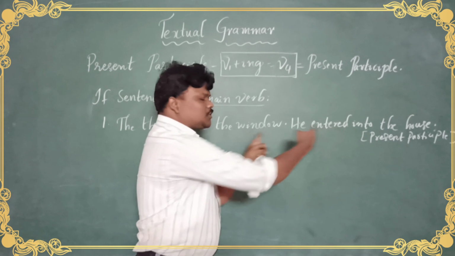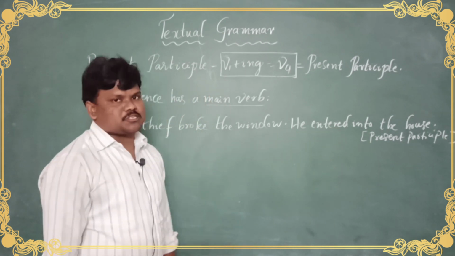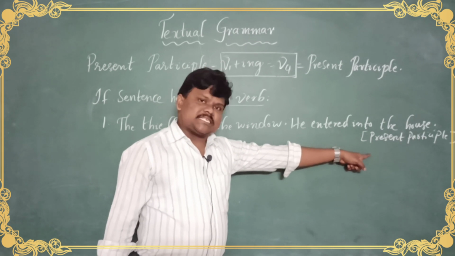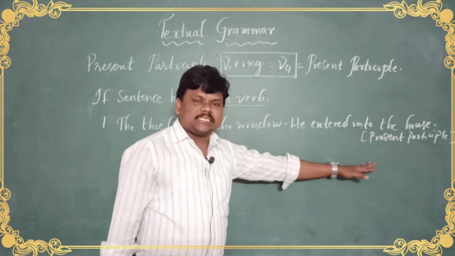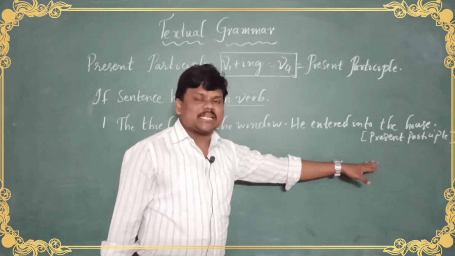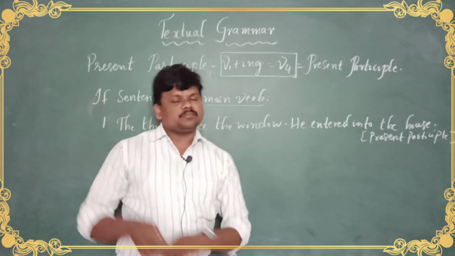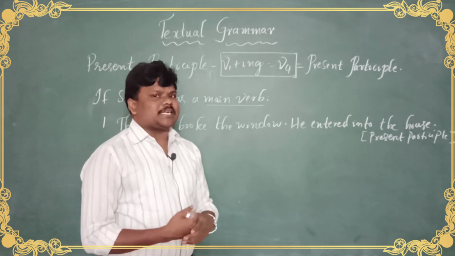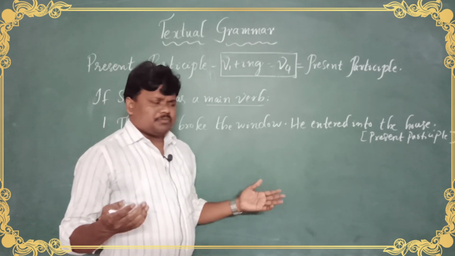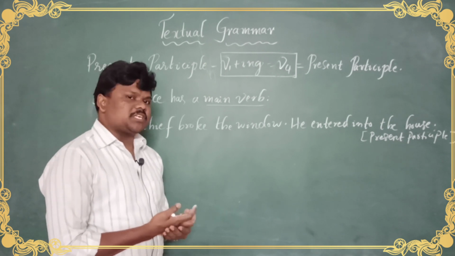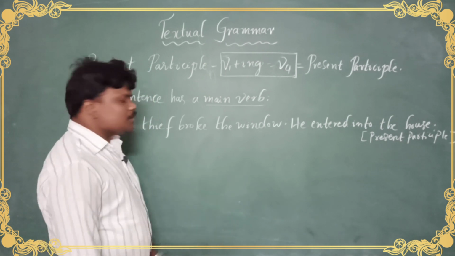We need to combine the two sentences with the present participle. If the instruction is given at the end of the sentence, you should immediately remember the ing form. Then many students get a doubt: what is the thing that we need to change to the ing form? Many students get this doubt, and it is very simple, my dears.